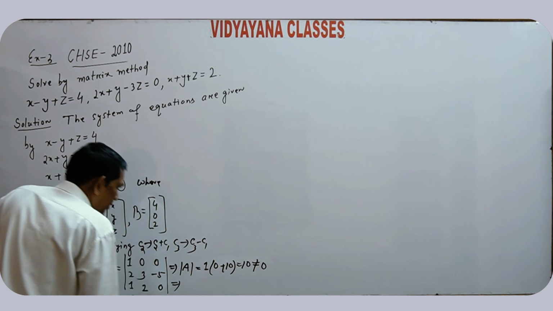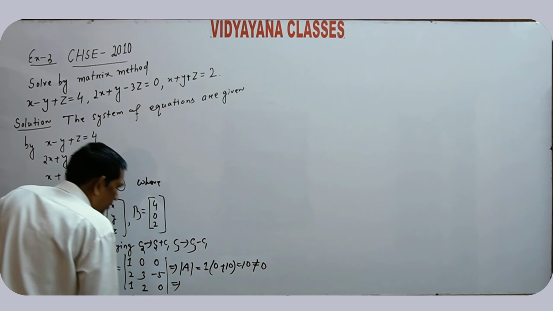Cofactor of the element of first row and first column. That means cofactor of 1, which is equal to, its sign is positive. Deleting the first row and the first column, it gives 1 plus 3 that is equal to 4. A12: its sign is negative.